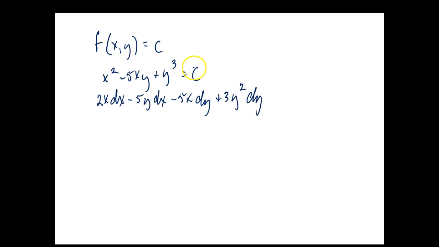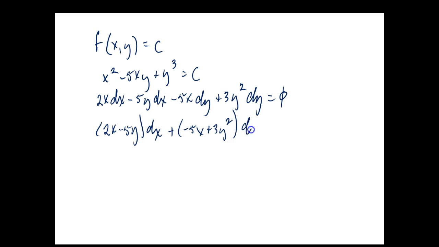And take the derivative of the right-hand side, that's a constant, that would be 0. Okay? Okay, if you combine your dx's together and your dy's together, this gives you 2x minus 5y dx minus, they put a plus here, which is fine, plus a negative 5x plus 3y squared dy equals 0. Okay? Now you could have done a minus.